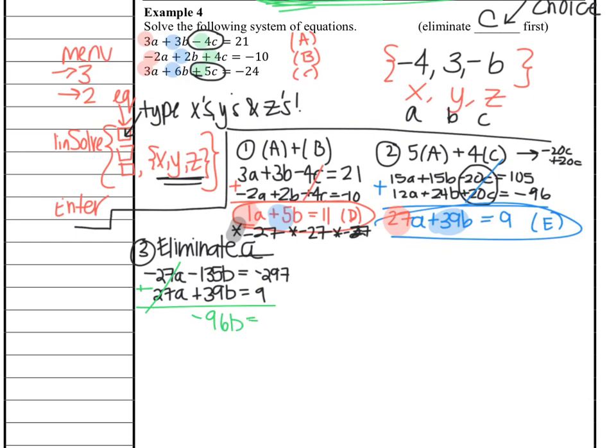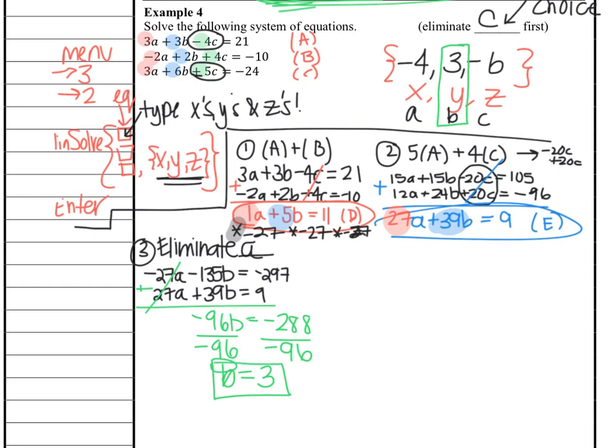And then negative 297 plus 9 more is negative 288. I can solve this for B by dividing, and we find B equals positive 3. And when I go back to my solution, remember B is the same as Y. B is in fact 3.